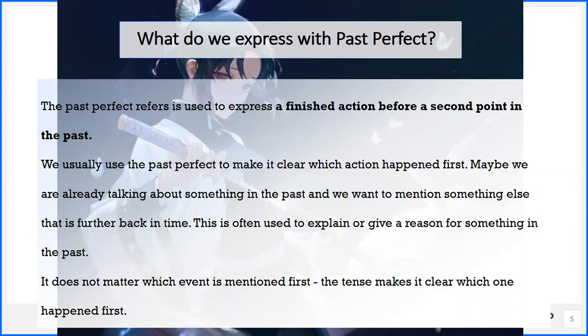Okay, so maybe we are already talking about something in the past and we want to mention something else that is further back in time. So with this, we're going to be using our past perfect. And it doesn't matter which one we mention first. Just by using past perfect, it's going to be completely clear which action happened first. So let's dive into a few examples so we can really see this and how it's applied.